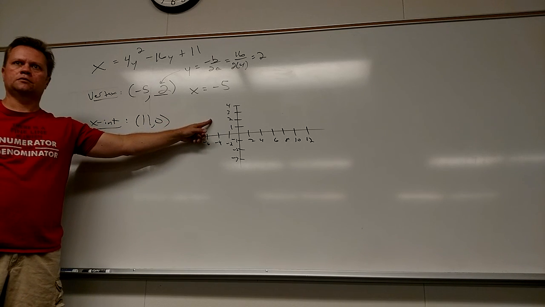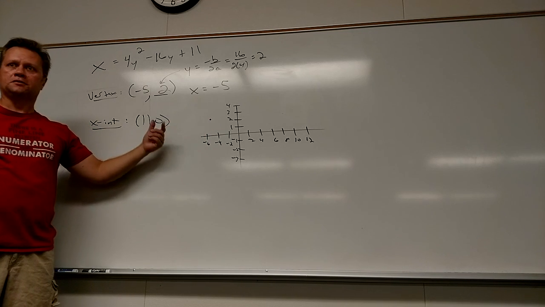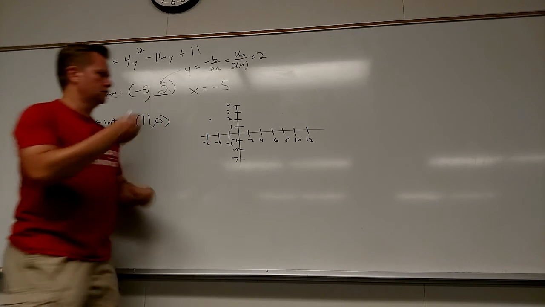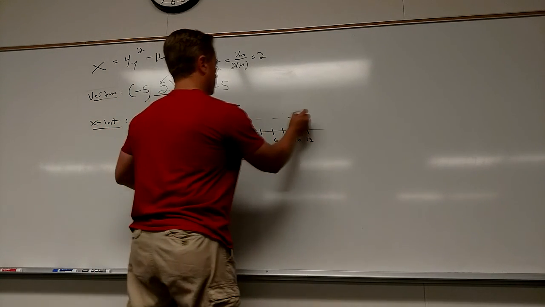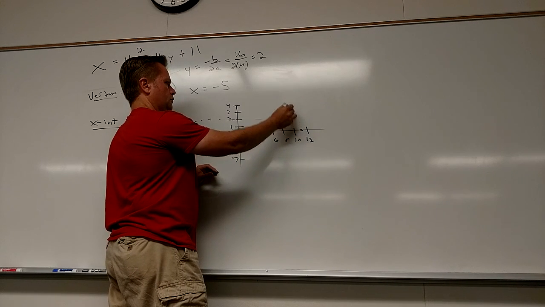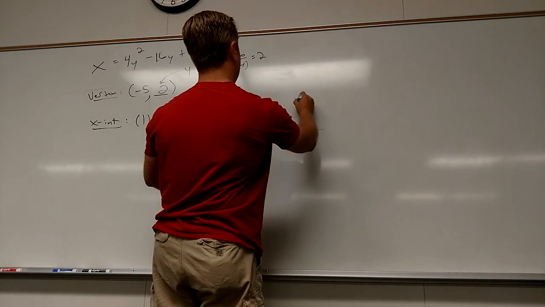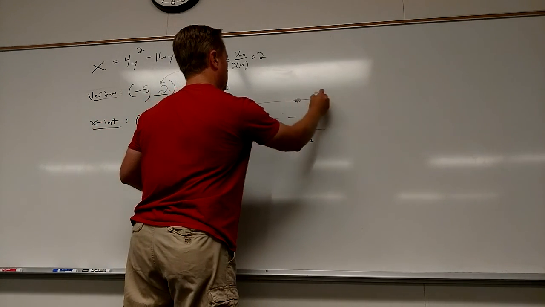Is that cool? That's the vertex. And then I can also plot 11, 0. And then where is there a mirror image point? 1, 2. So I'll be right here. Plop. And then you go, all right. Make that big.